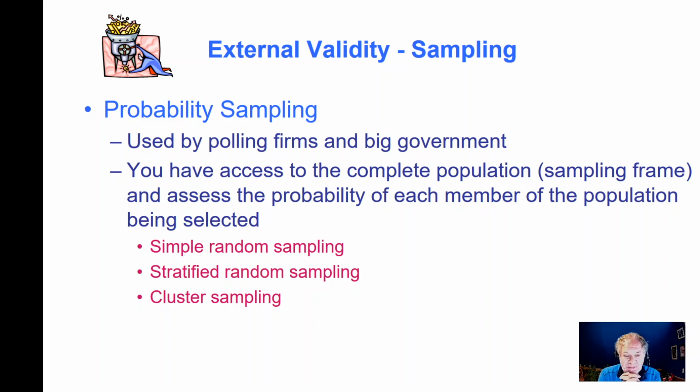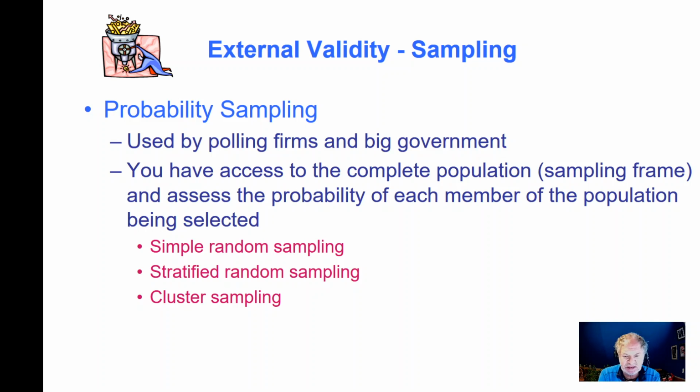So probability sampling is when you have basically access to a population. So you know the population is clearly defined, and then you randomly sample from within that population, right? It's used by big government, and it's used by polling firms.